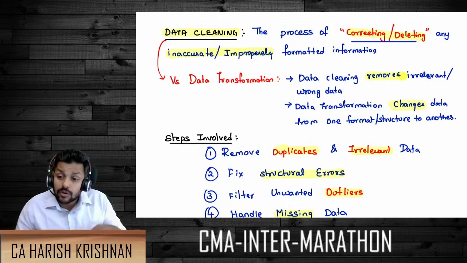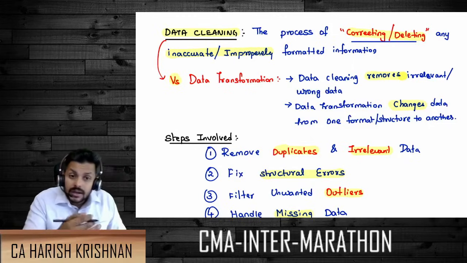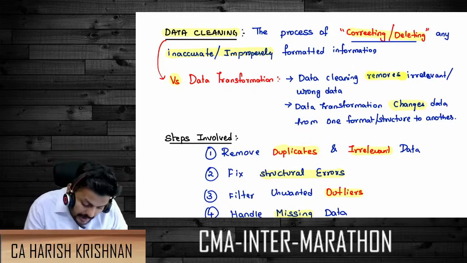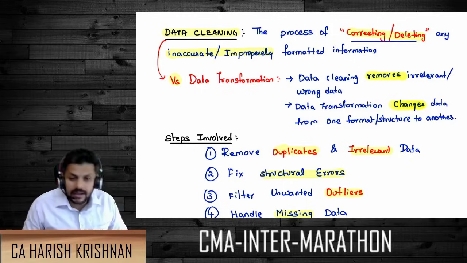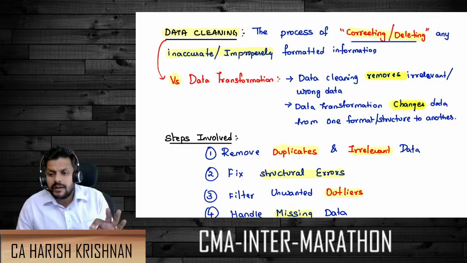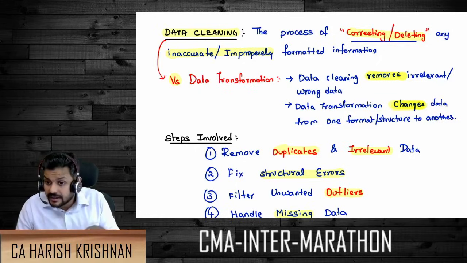And when it comes to a broader term called data transformation, which is why I wrote data cleaning versus data transformation, when you compare, you see data cleaning removes irrelevant or wrong data, while data transformation changes the data. So in data cleaning, you are only cleaning up things, removing unnecessary things. You are not making any changes to the other data.